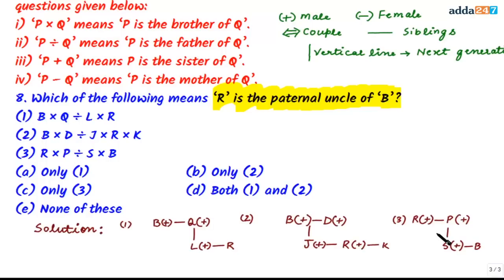After drawing the diagrams for situation 1, 2, and 3, we can see that only in the third case, R comes out to be paternal uncle of B. So here only R is the paternal uncle of B. That means option C, only 3 is the correct option.